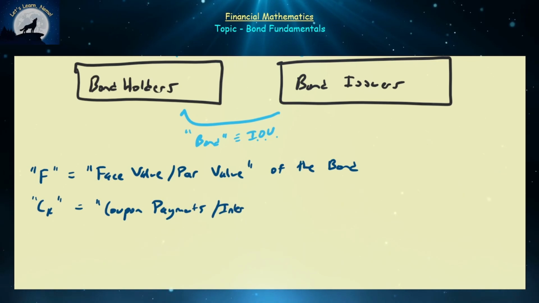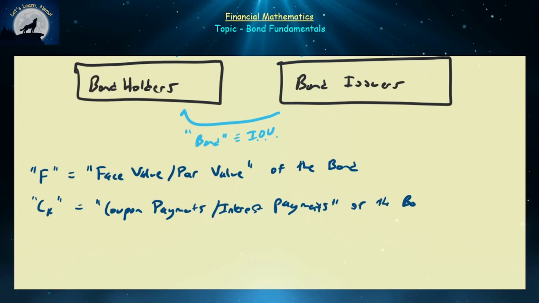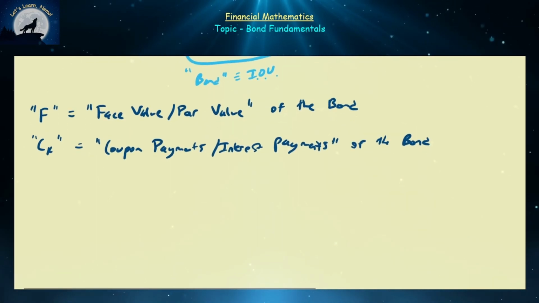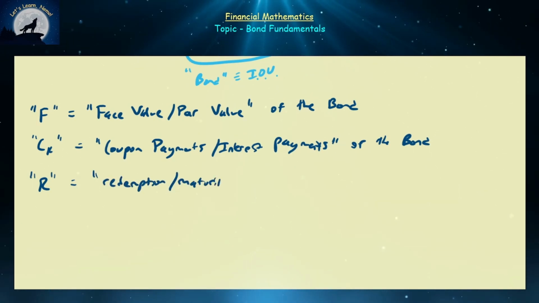Sometimes people will also view them as interest payments. That is, we're getting interest over some period of time of the bond. And this last value on our timeline that we drew out was R. This is sometimes referred to as the redemption or the maturity value of the bond.